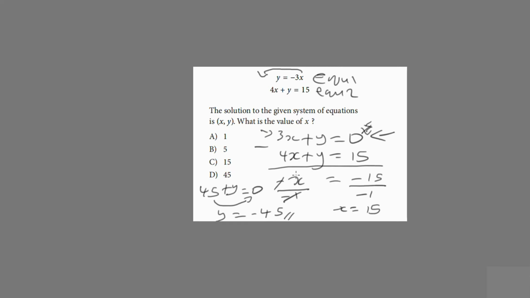Then let's test the equation below. The value of x is 15, so 4 times 15 will give you 60, and the value of y is negative 45. So 60 minus 45 will give you 15. So x being 15 and y being minus 45, the two values are correct for this question. So the right answer to this question is option C, x is 15.